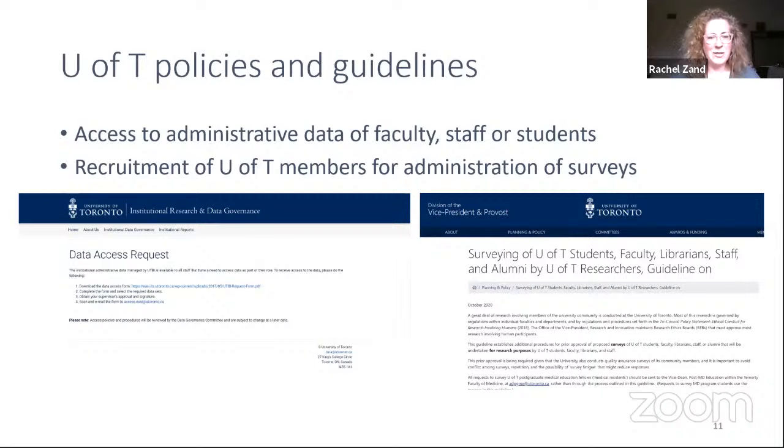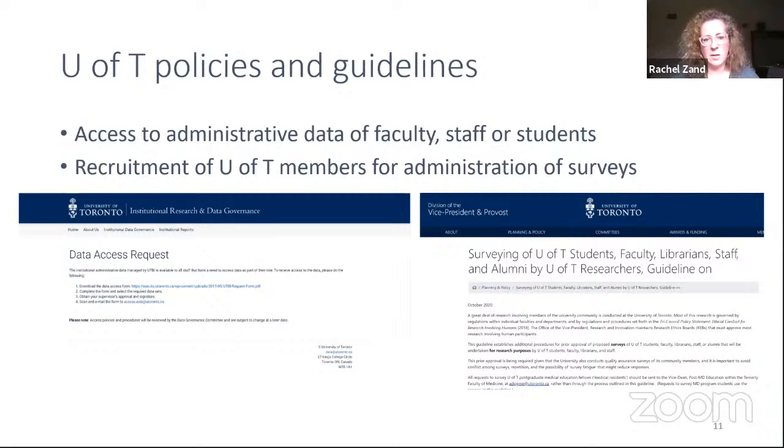The second one is with respect to surveying U of T members. Similarly, there are a lot of requests for staff, students, faculty from internal and external researchers to want to provide surveys to collect data. And it's a very large pool. If you're conducting a survey, it may be a survey across Canada or maybe specific universities, but we have a very rich population pool.